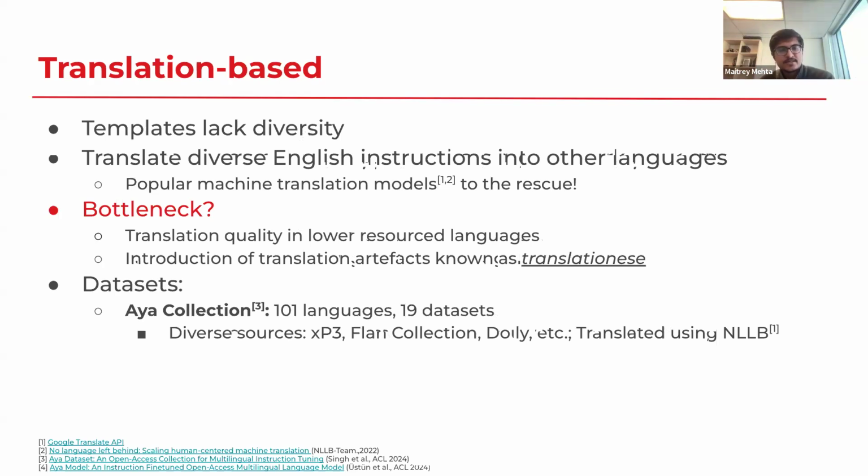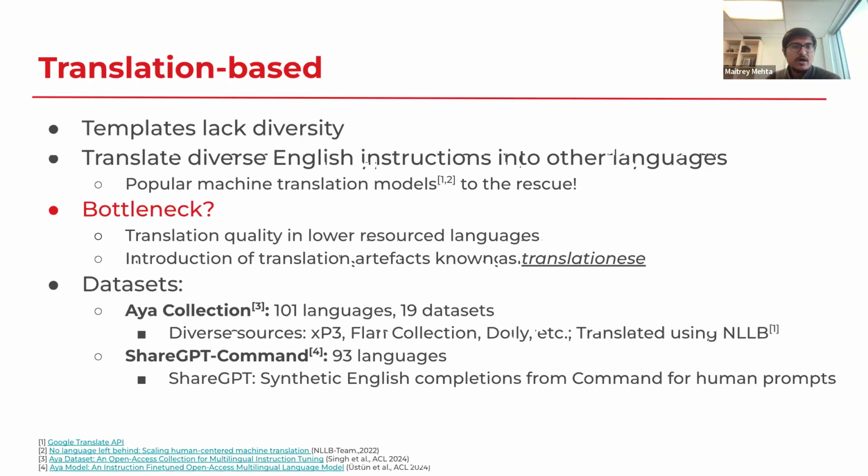Another dataset that exists is the ShareGPT Command dataset. This spans 93 languages. And the way this was produced was, ShareGPT is a dataset which contains actual human interactions with ChatGPT. So these are again prompt completion datasets, but these are actually human generated prompt completion pairs.